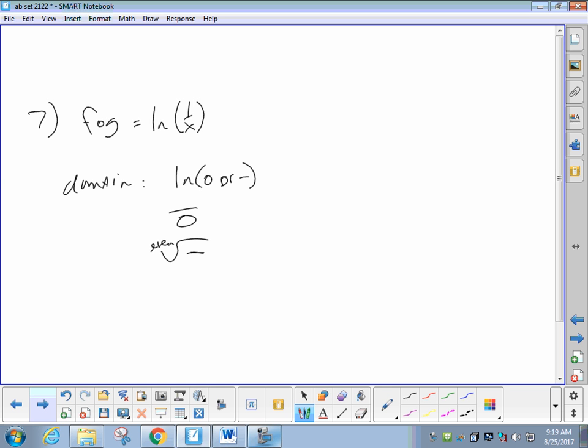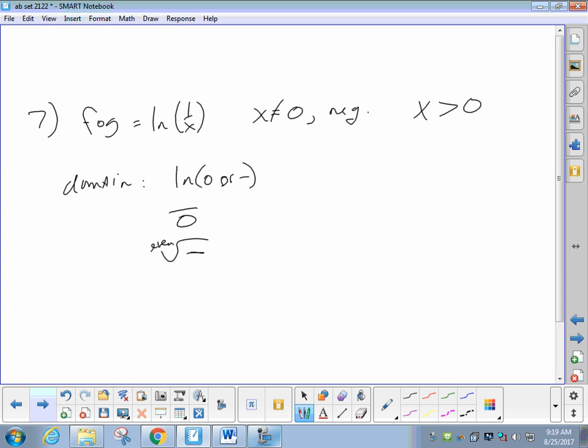We cannot have a 0 because of the denominator element, and we cannot have anything that ends as 0 or negative. So that implies that x cannot be negative either. So x then must be strictly positive. Does that make sense? Yes.